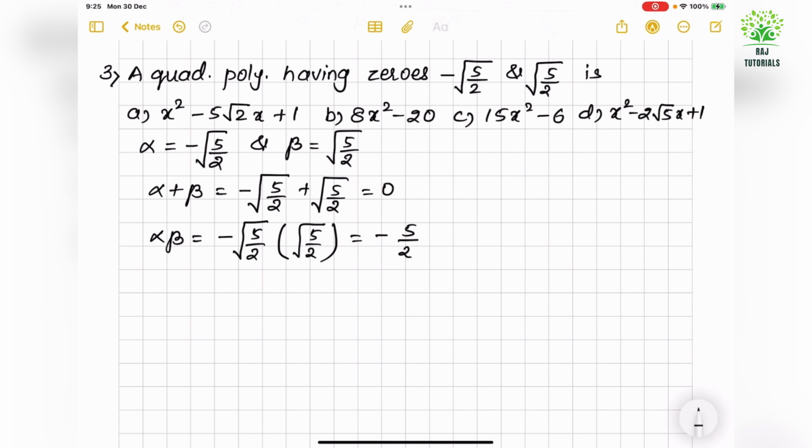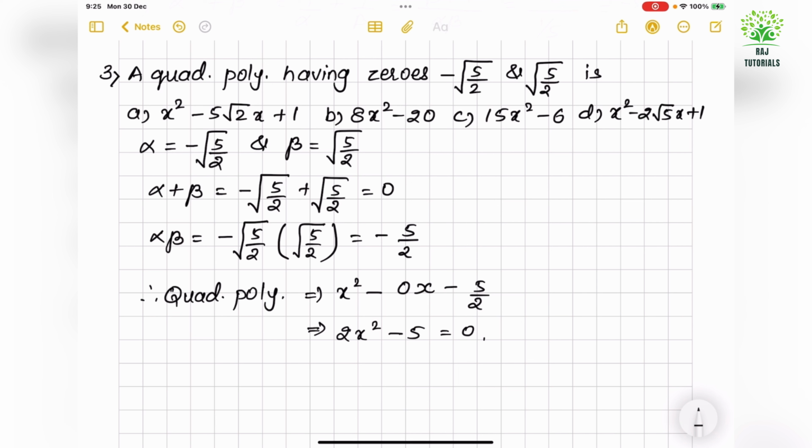That will be 25 upon 4. So if I take root, it will be 5 by 2. So therefore, the quadratic polynomial will be x square minus 0x minus 5 upon 2. So if I multiply everything with 2, I will get 2x square minus 5 equal to 0.